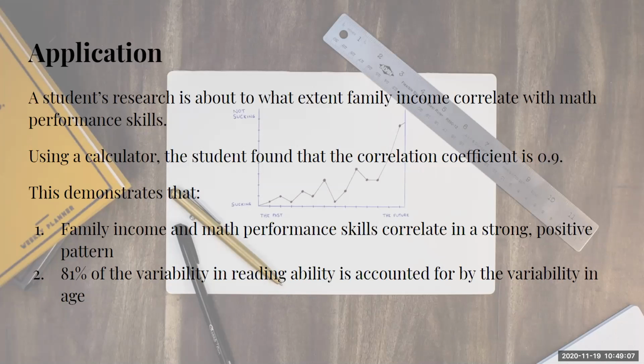And this would demonstrate that family income and math performance skills correlate in a strong positive pattern. And then we can find that 81% of the variability in reading ability is accounted for by the variability in age. As we can see here, this would require a bit of math. And then with the math that we use to determine the correlation coefficient, we can interpret it using these different ways.